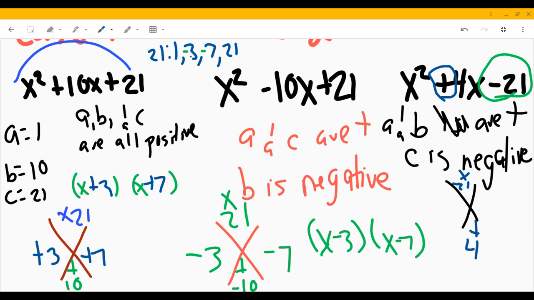So if I look at 3 and 7, they're 4 units away. So I'm going to take the larger integer, 7, and we're going to have our other integer be negative 3. 7 plus negative 3 gives us positive 4, and 7 times negative 3 gives us negative 21.